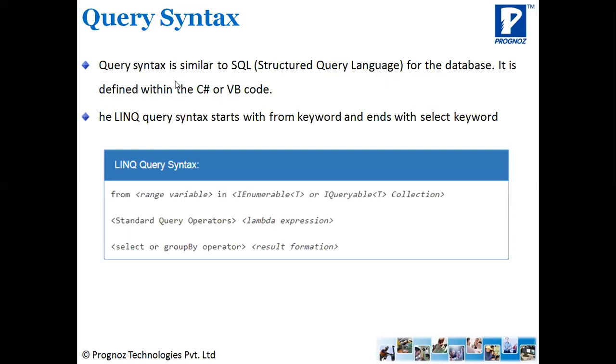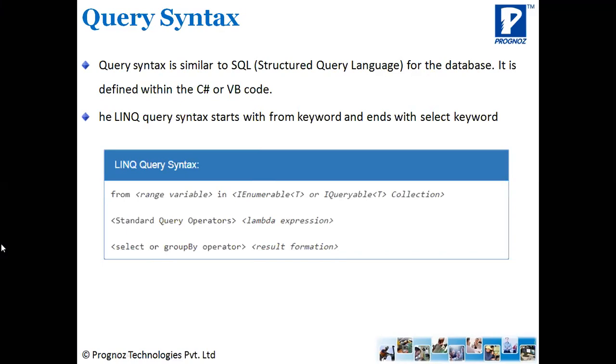Now what is LINQ query syntax? From a range variable in an IEnumerable or queryable collection. So I can say from a single object in a collection of objects, then whatever standard query operator you want to use, use the where condition, and then select, or you can use a group by clause for result formation.